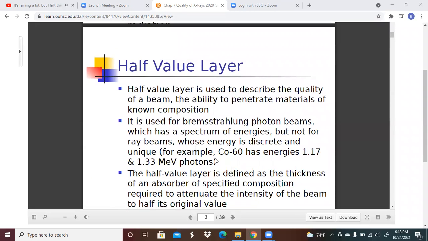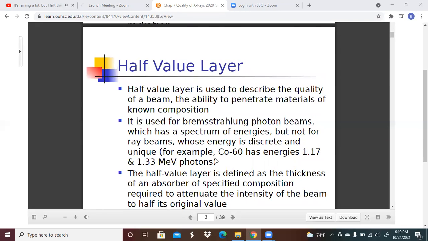When it comes to the half value layer, that's going to be used to describe the quality of the beam and the ability to penetrate materials of known composition. How does it behave? How do we know what it does? It's used for Bremsstrahlung photon beams, which have a spectrum of energies, but not for gamma ray beams, whose energy is discrete and unique.